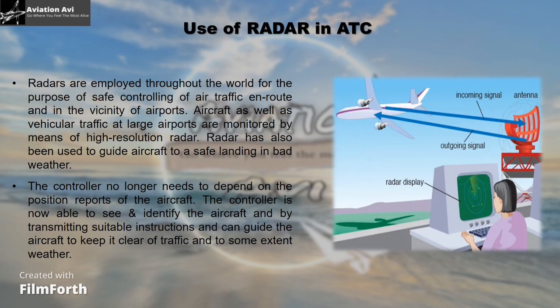Like you can see here, this is the radar antenna transmitting and receiving signals from the aircraft, and these signals are processed and are seen by the air traffic controller on their screens. Looking at these screens, even though they do not have sight of the aircraft, the ATC controller controls this flight, maintains required separation and obtains required information of the aircraft in order to ensure safe paths for the aircraft.